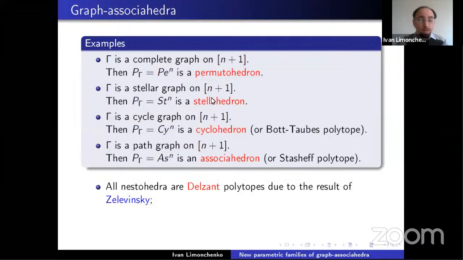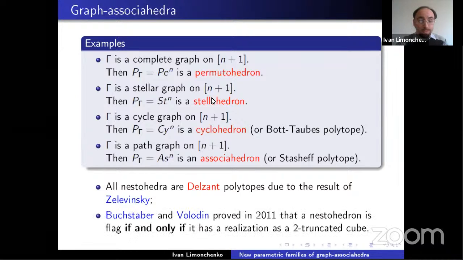All nestohedra are Delzant polytopes due to a result of Zelevinsky. This means that there exists a non-singular toric variety, or toric manifold, over any nestohedron. And Buchstaber and Volodin proved in 2011 that a nestohedron is flag if and only if it has a realization as a two truncated cube.